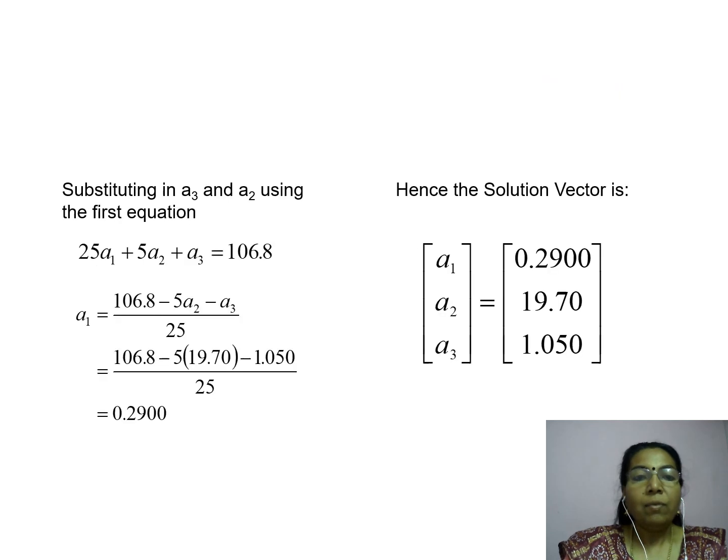In the same way, finally, we substitute the values of A3 and A2 in the first equation, that is 25 A1 plus 5 A2 plus A3 equals 106.8, and I get A1 as 0.2900. So in this way, A1 is 0.2900, A2 is 19.70, and A3 is 1.050.